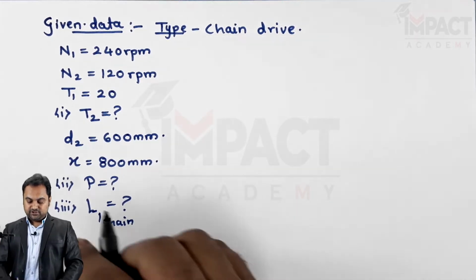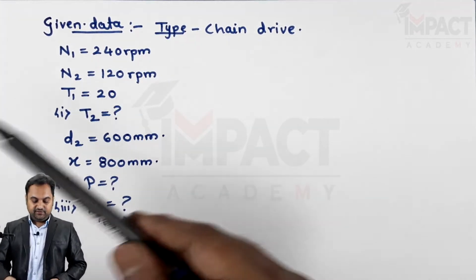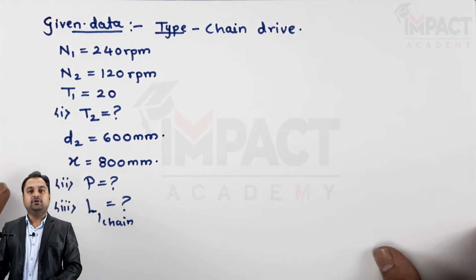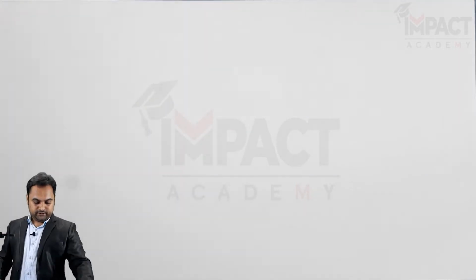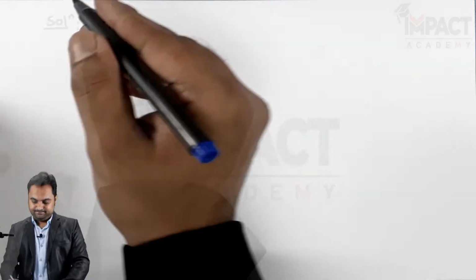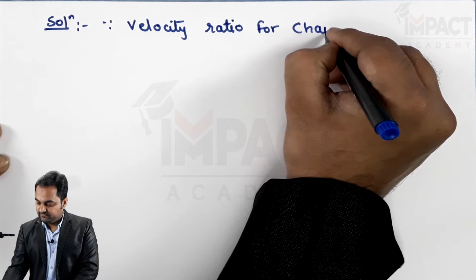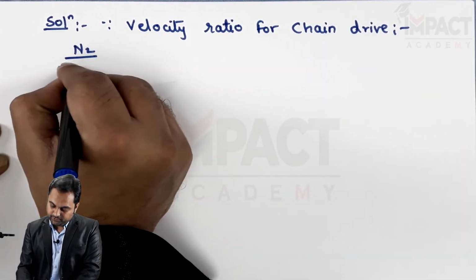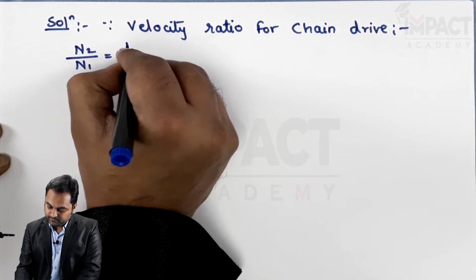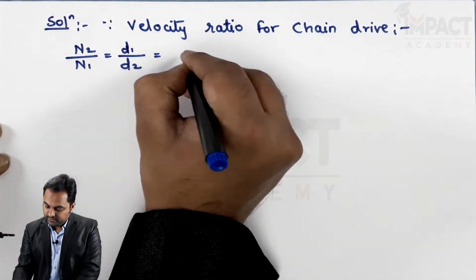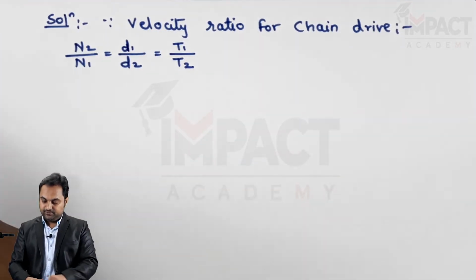Now the first question is to find T2, and for that N1, N2 and T1 are given. It means I'll be using the formula for velocity ratio. So into the solution part, the velocity ratio for chain drive is given by N2 upon N1 is equal to the inverse proportion of diameter, that is D1 by D2, and also the inverse proportion of number of teeth, which is T1 by T2.